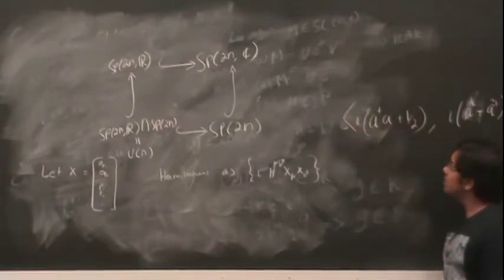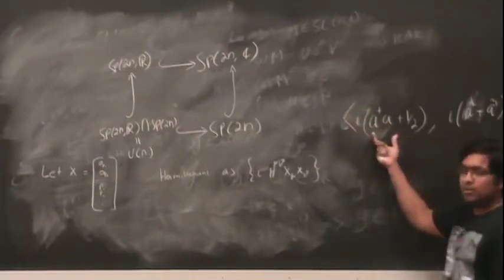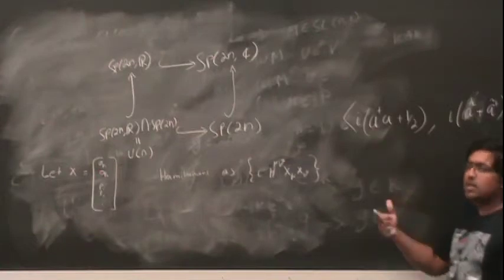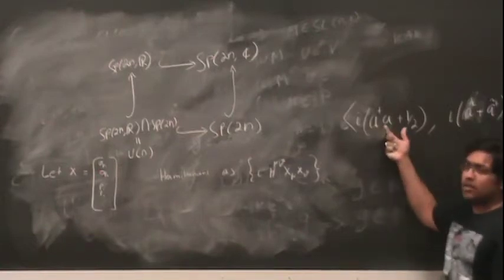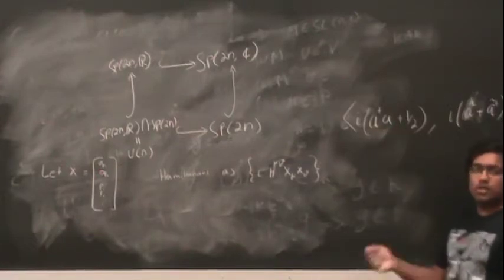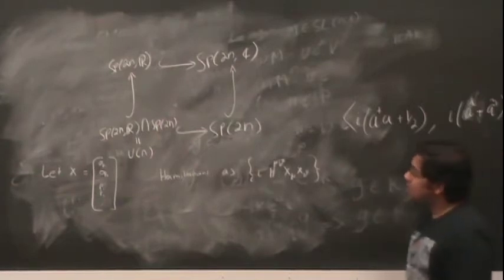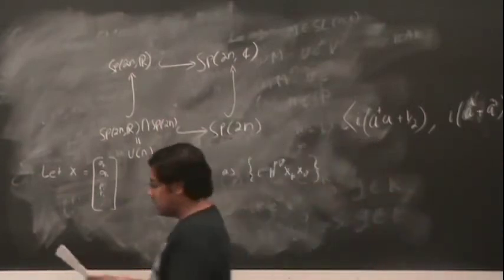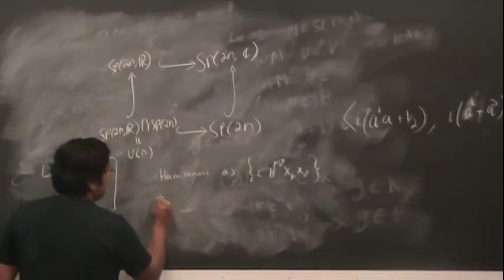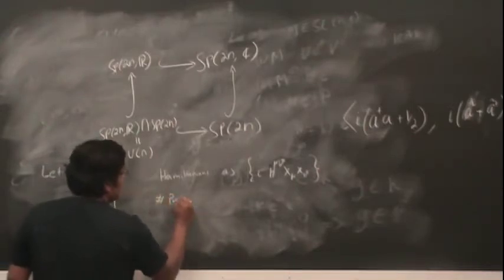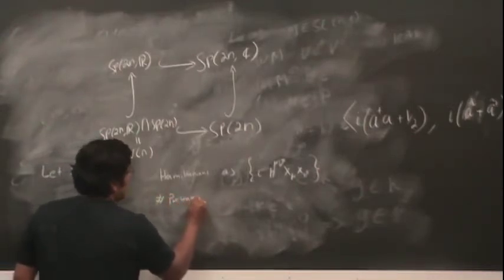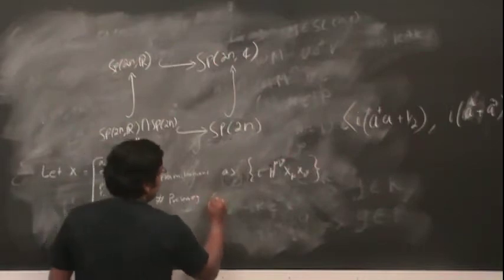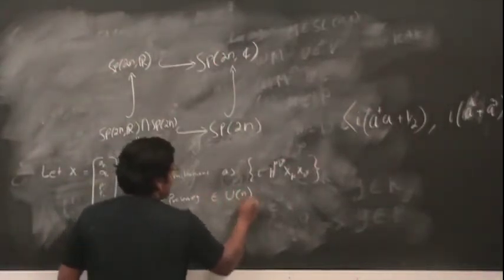If you only concentrate on the number preserving part, in general you can have a_i dagger a_j, which preserves the number of excitations, then that forms U(n). So the number preserving one is an element of U(n).